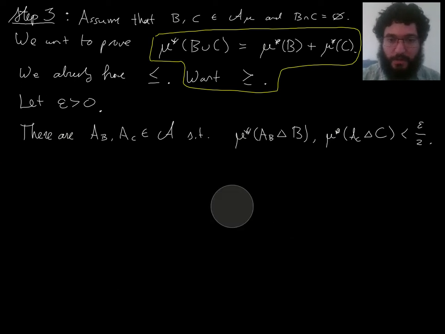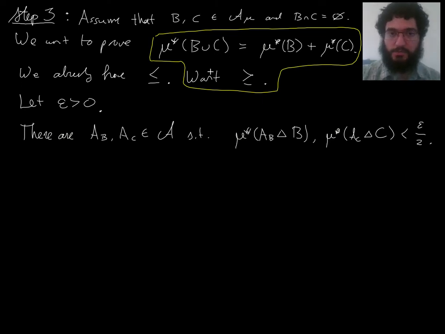So a lot of the argument that you're about to see involves replacing B by AB, replacing C by AC, and replacing B union C by AB union AC. And with each replacement, tracking what cost of epsilon we have to pay for making that replacement.